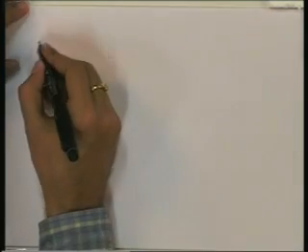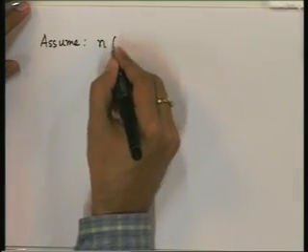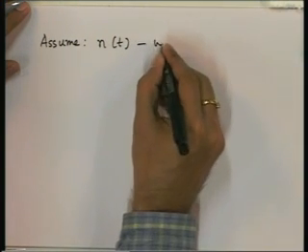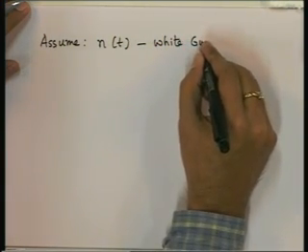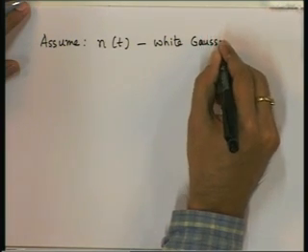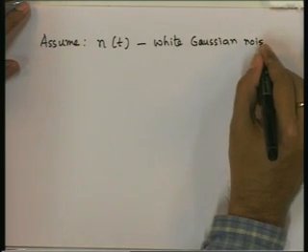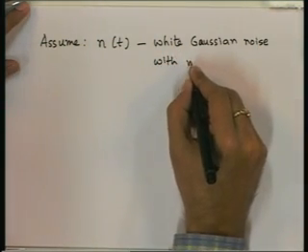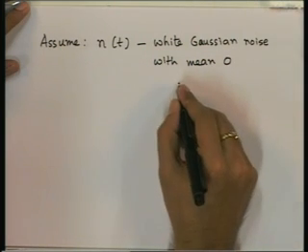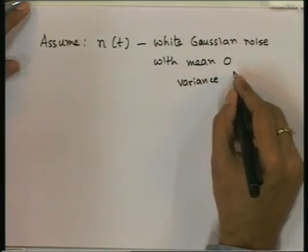Now, we will assume, as we have done before, that N(t) is white Gaussian noise with mean 0 and variance N naught by 2.